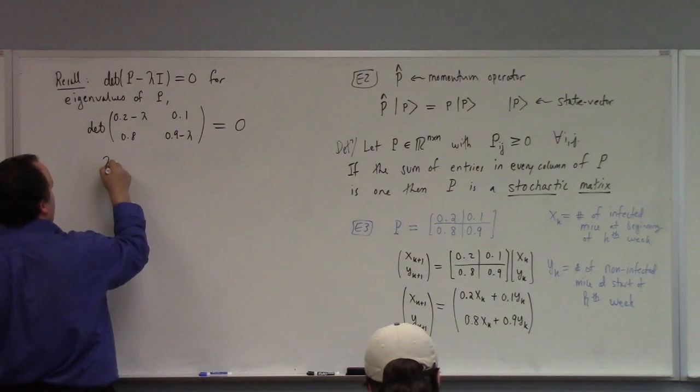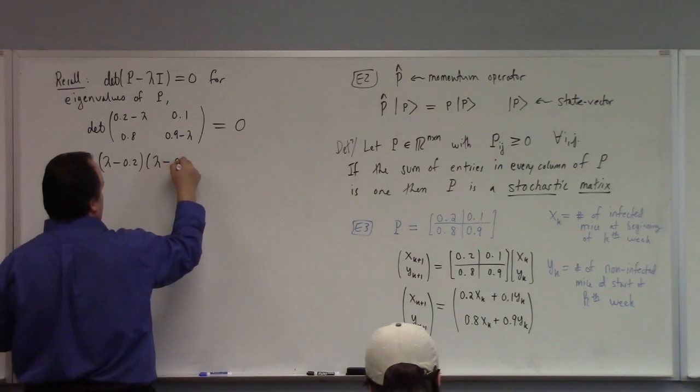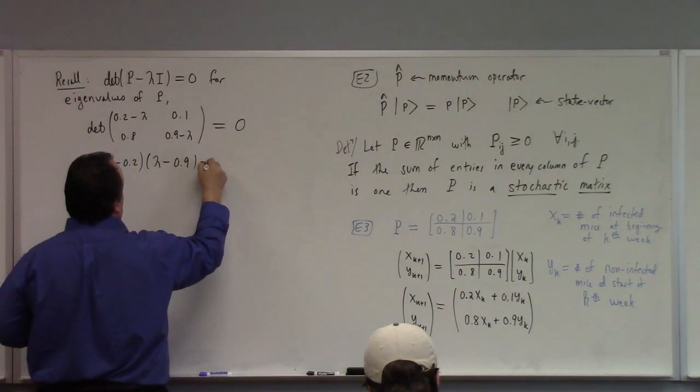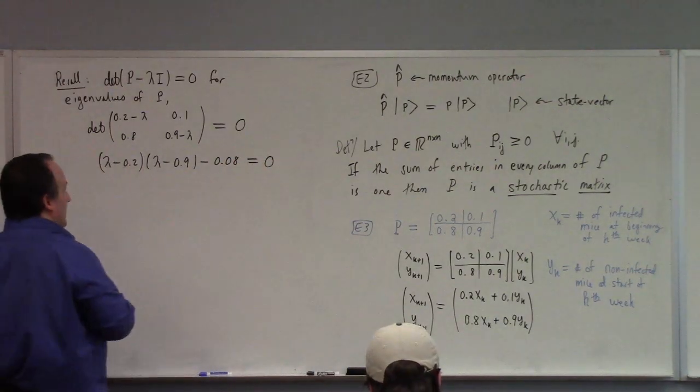So I get (0.2 minus lambda) times (0.9 minus lambda) minus 0.08 equals 0.